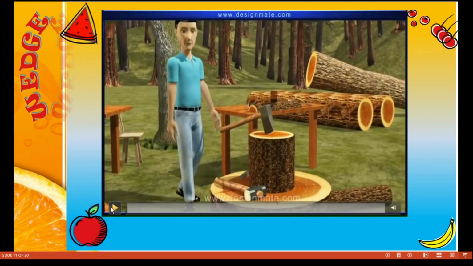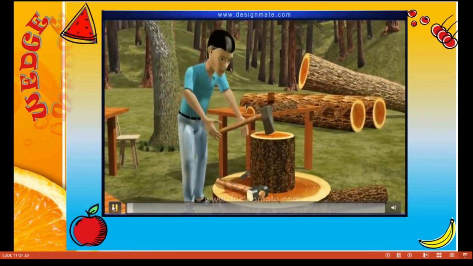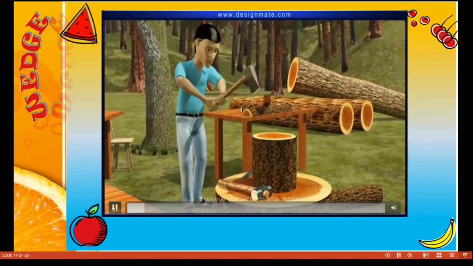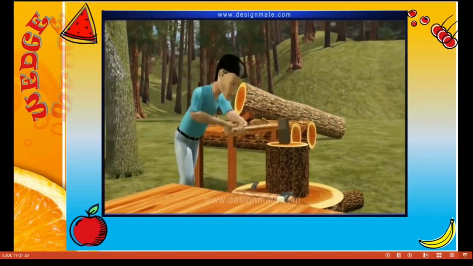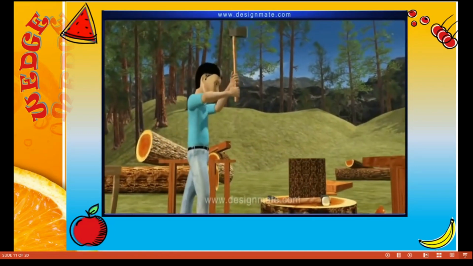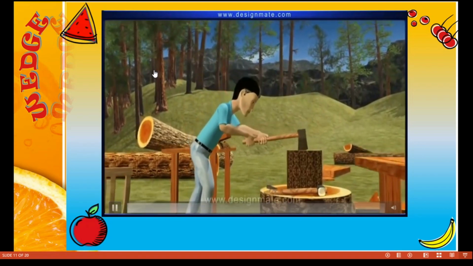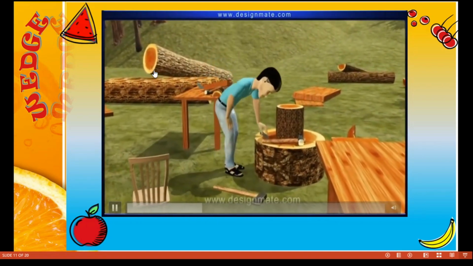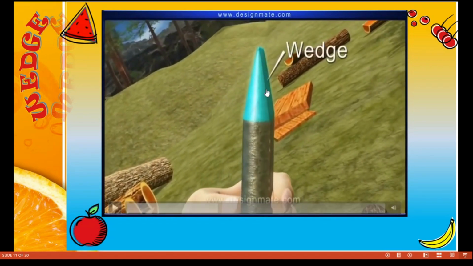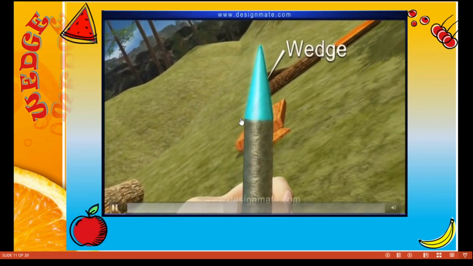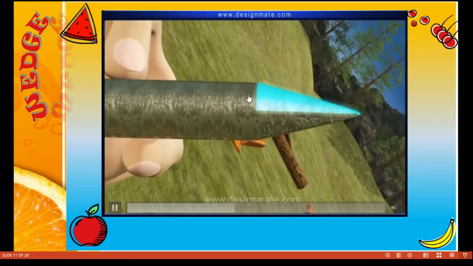Look at the video. This man is trying to chop this block of wood using an axe. He finds it very difficult to chop this block of wood into pieces, and he needs to apply a huge effort. So he decided to use this wedge. This is what the wedge is. A wedge consists of one or more inclined planes. This is one inclined plane and this is another inclined plane.